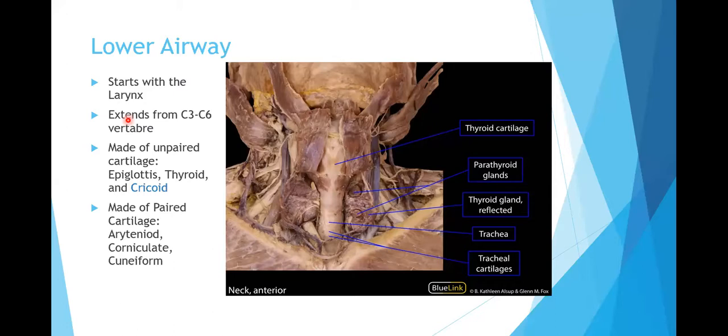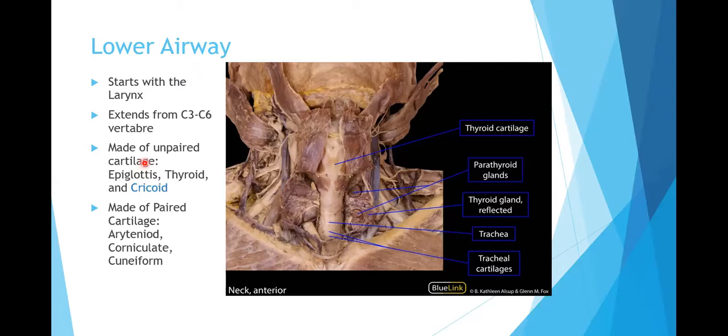Okay, that hard structure in your ear, mainly the part that's closest to your head, that's cartilage, right? Your nose has cartilage in it. That's what it's made of, okay? It's not bone. Now, the unpaired cartilage will be your epiglottis, your thyroid, and your cricoid.